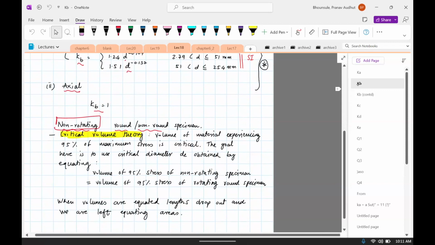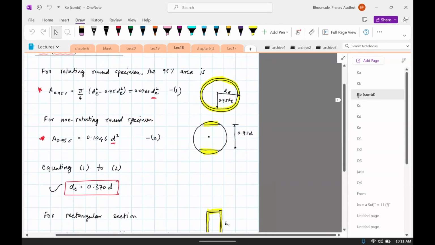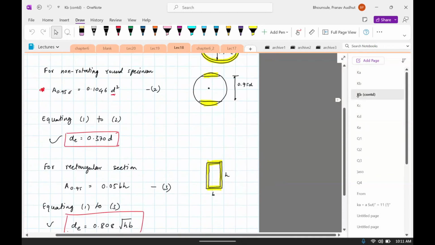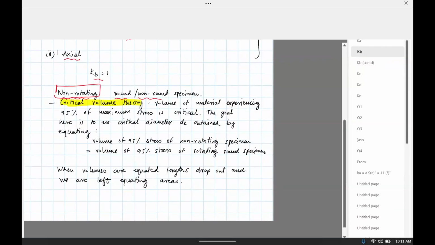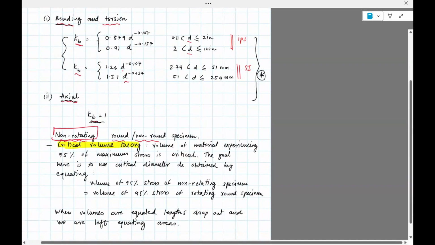So KB is 1. Yeah, so I think it's immaterial if it's rotating or not because this is axial loading, KB is 1 no matter what.